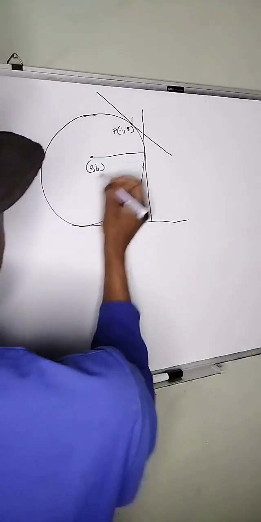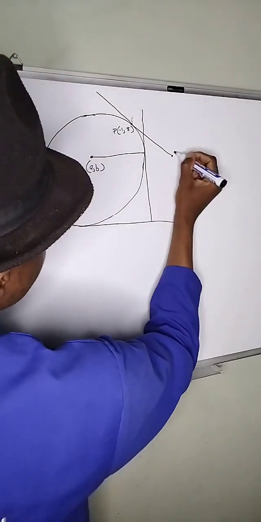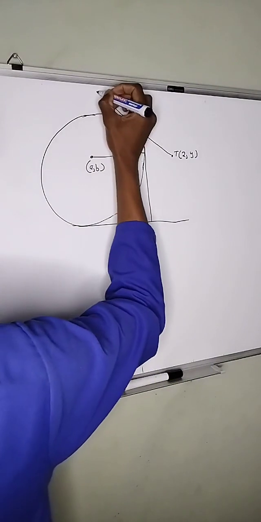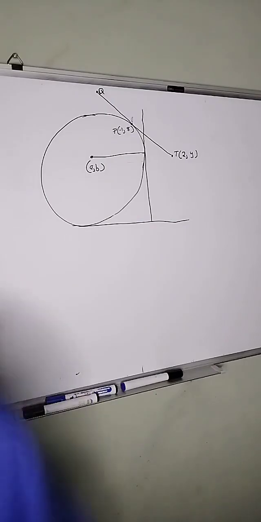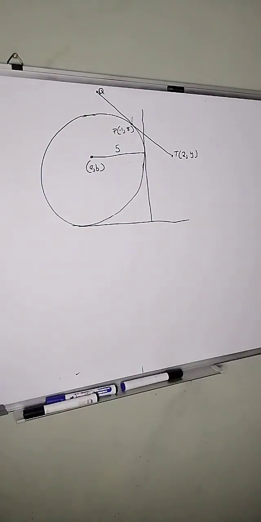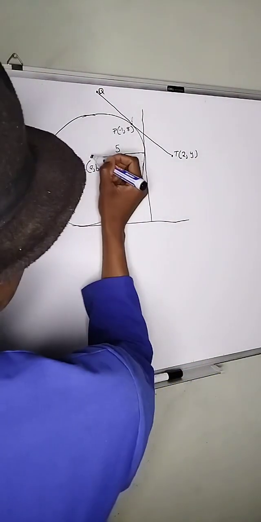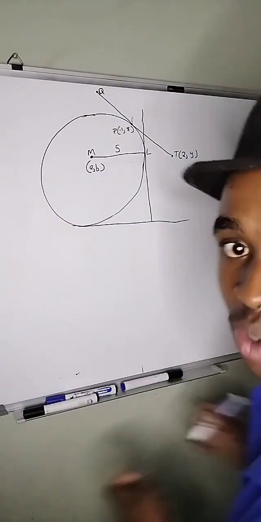To B, and this is point T, chord to Y, and this is point Q. This is point T, this is point Q, and this is going to be 5. This is going to be M. This is going to be L. So, yeah.